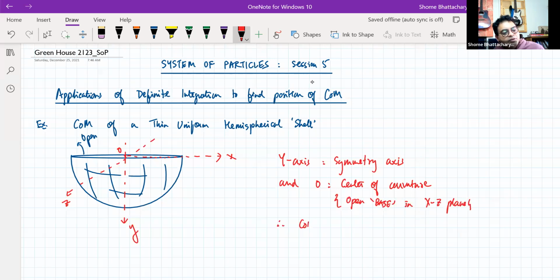Therefore, the center of mass will lie on the y-axis. So let's say the center of mass is somewhere here.